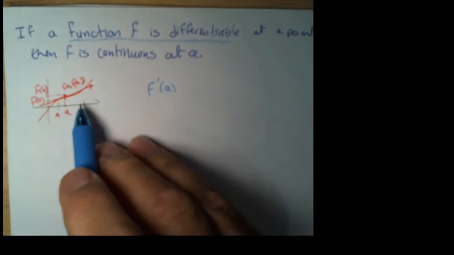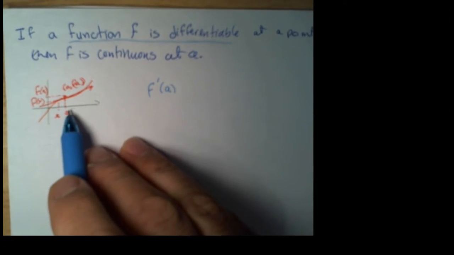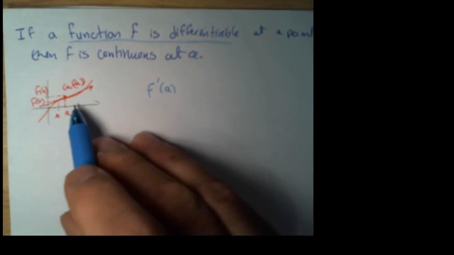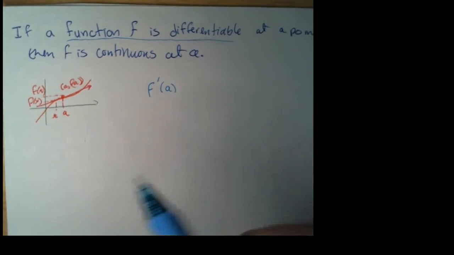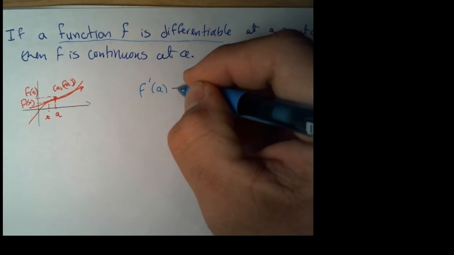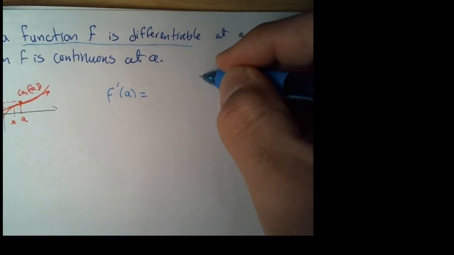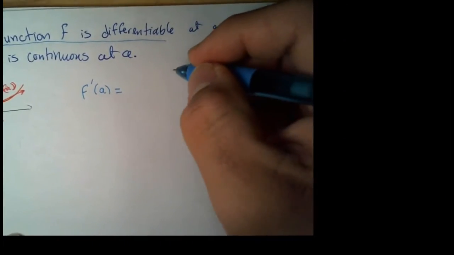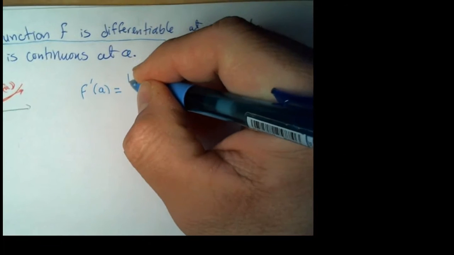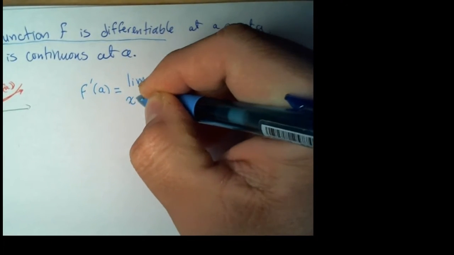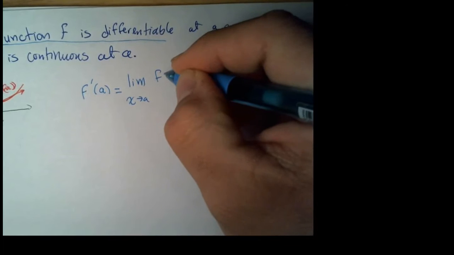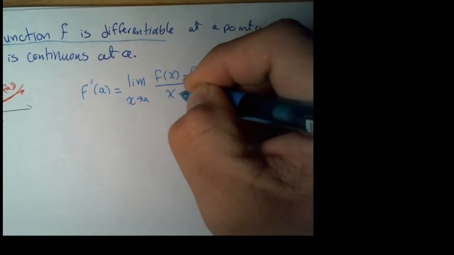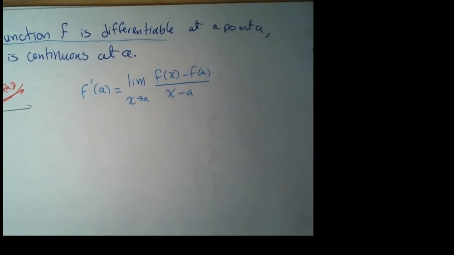We have a little graph here showing what is happening at a. Differentiable means that the slope of the tangent line exists at that point. Or in other words, if we look at the limit definition of the derivative, when we say a function is differentiable, what we are also saying is that this limit exists.